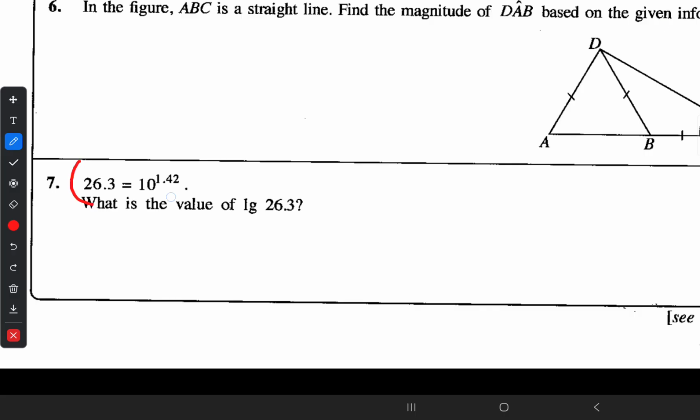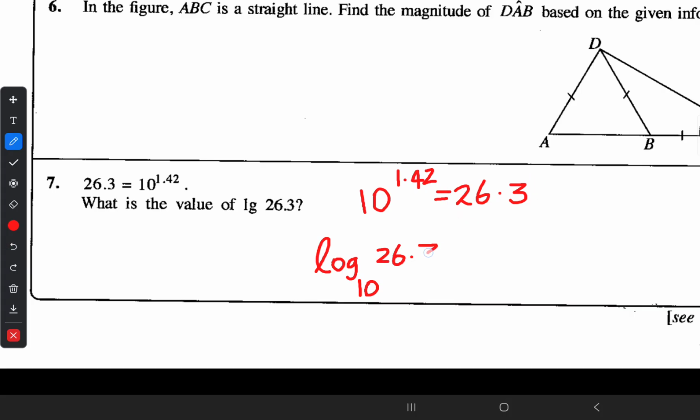Seventh question. Okay, so the index notation was given, that should be converted to logarithmic notation. 10 to the power of 1.42 is equal to 26.3. So here we can write this in logarithmic notation as log base 10 of 26.3 equals the index 1.42.